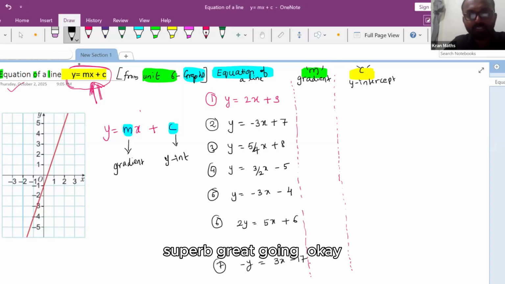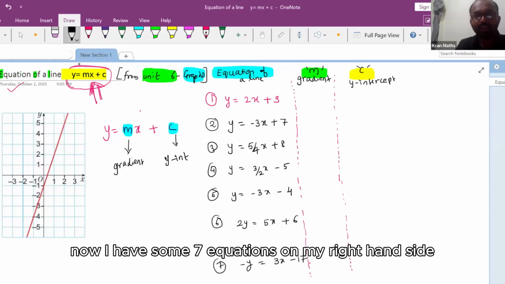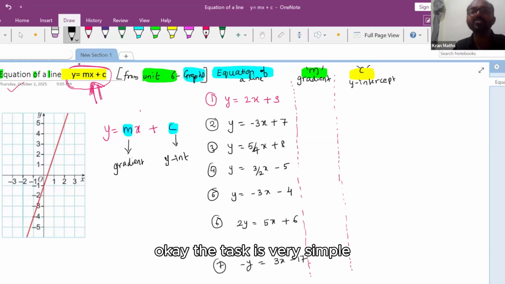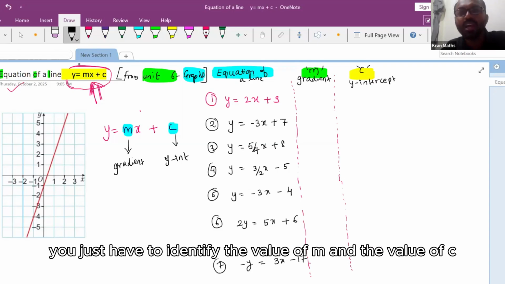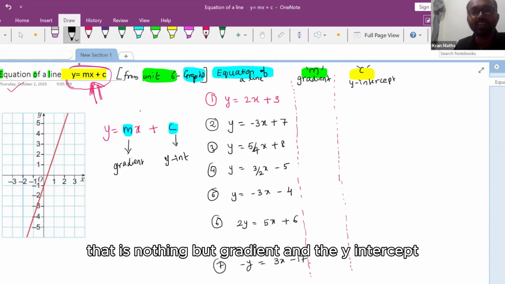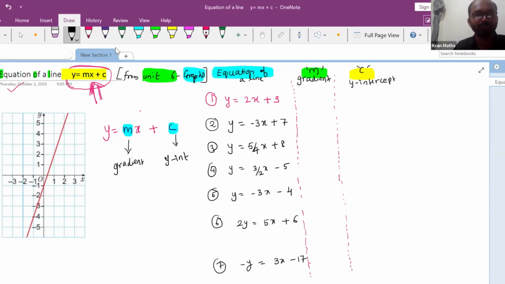Superb, great going. Now, I have some 7 equations on my right hand side. The task is very simple. You just have to identify the value of m and the value of c, that is nothing but the gradient and the y-intercept. Shall we start?